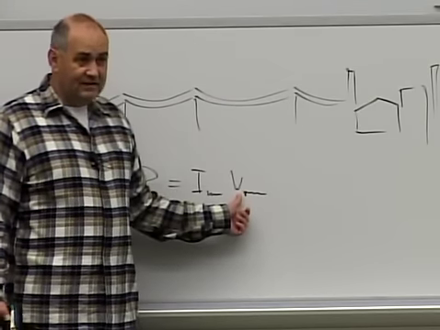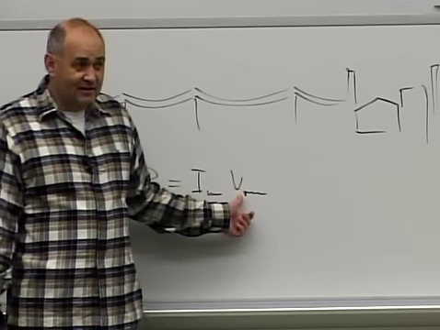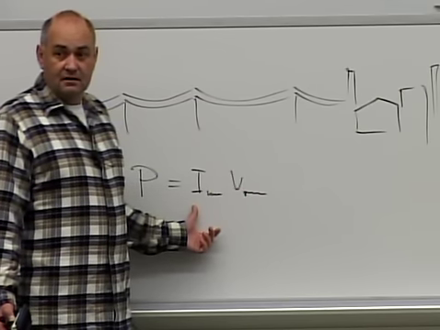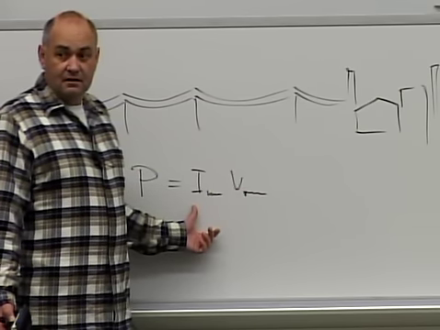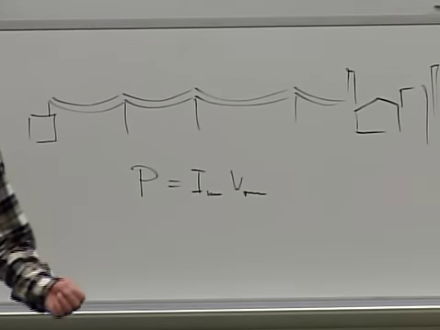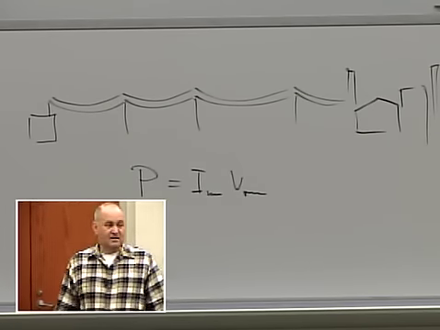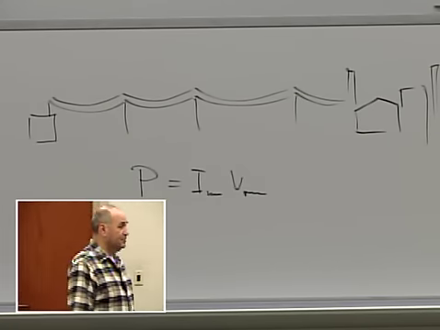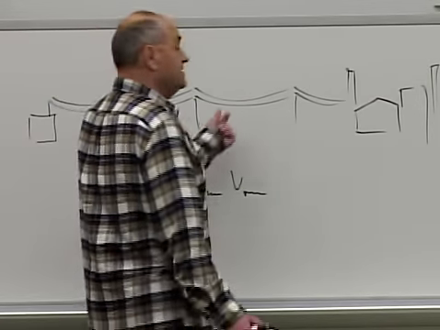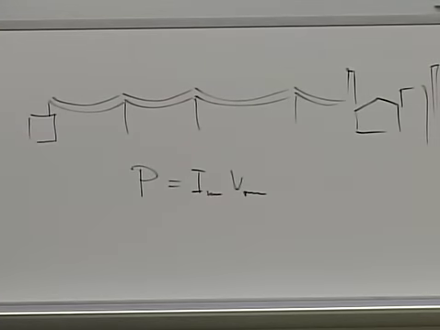In one case, we have a potential difference 100 times greater than in the other. What can you say about the currents? We're saying, Adam? We say? 1/100th, correct. When you increase the potential difference between the wires, you can decrease the current flowing in the wires 100 times.